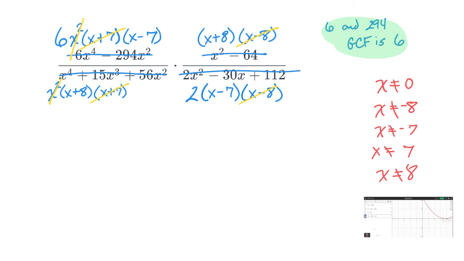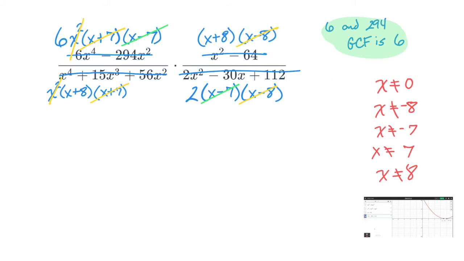You can either multiply here, or you can cross out values from numerator to denominator. What I mean is, I'll do this in a different color. x minus 7 is in the numerator, and there's an x minus 7 in the denominator as well. So those can cancel.